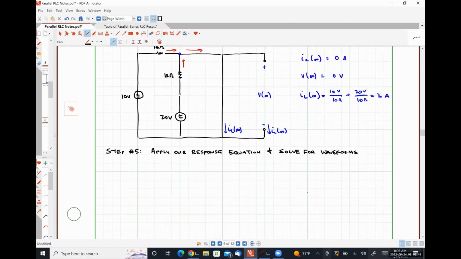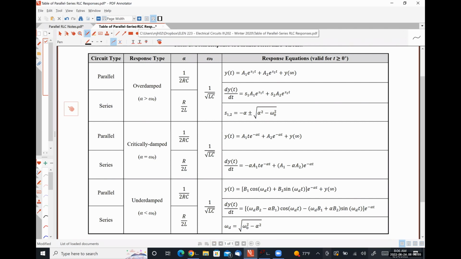Since our circuit is overdamped and looking at our response table, we're going to be using these equations, because these are our equations for an overdamped system. So let's start by looking at our voltage equation.